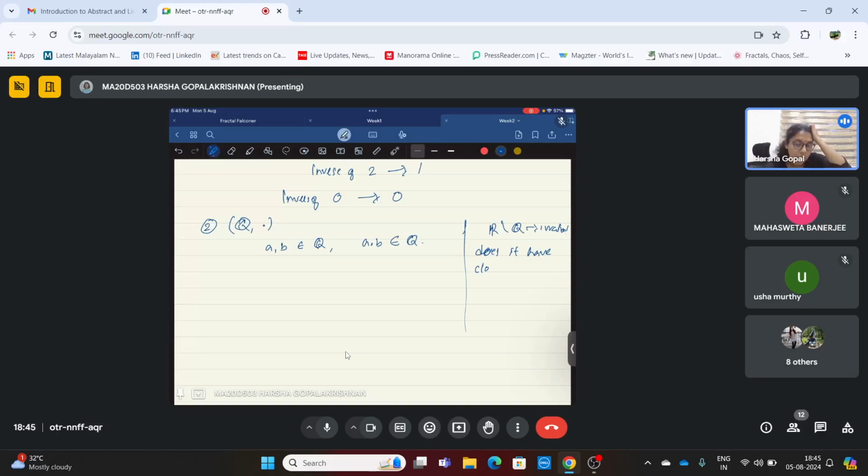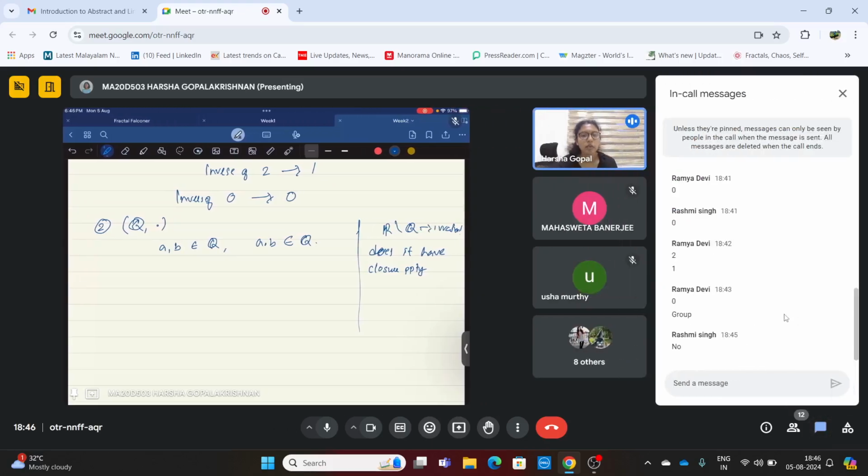Now if I take two irrational numbers, I can ask whether it is a group. First, let's start with the simple thing: whether the irrational numbers have the closure property. If the answer is no, we should have a counterexample, a product of irrational numbers that is not irrational, correct? Any idea?